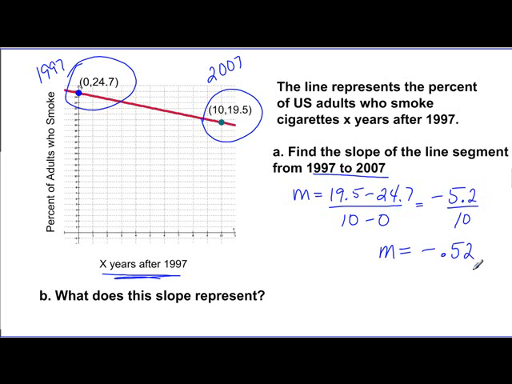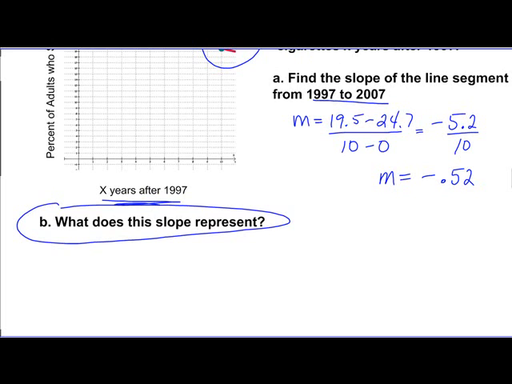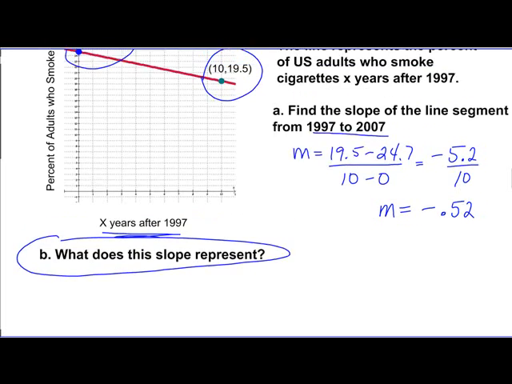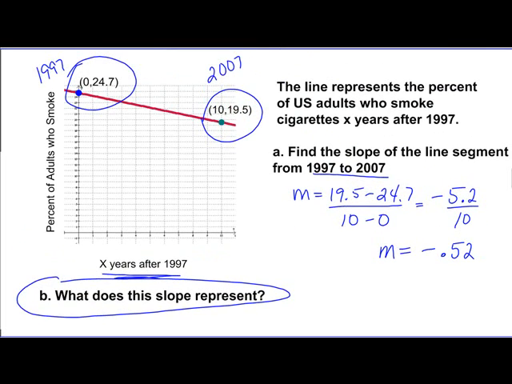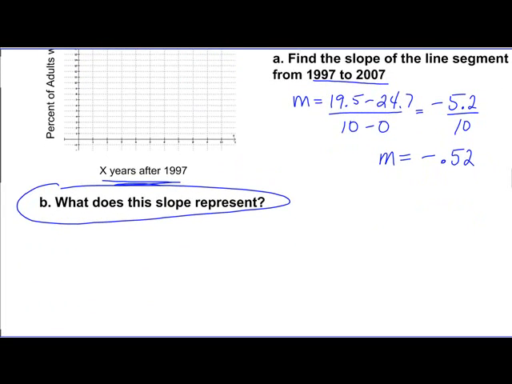Now, part B of this question is what's really interesting and how we can think about the idea of slope making connections to actual real stuff that's happening. Looking at your graph, since the graph is going down, I can see that the percent of adults that smoke is decreasing. Well, how much is it decreasing?